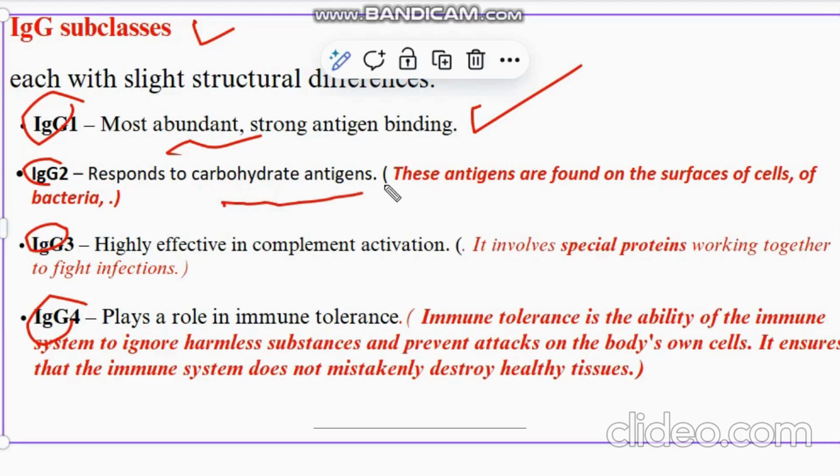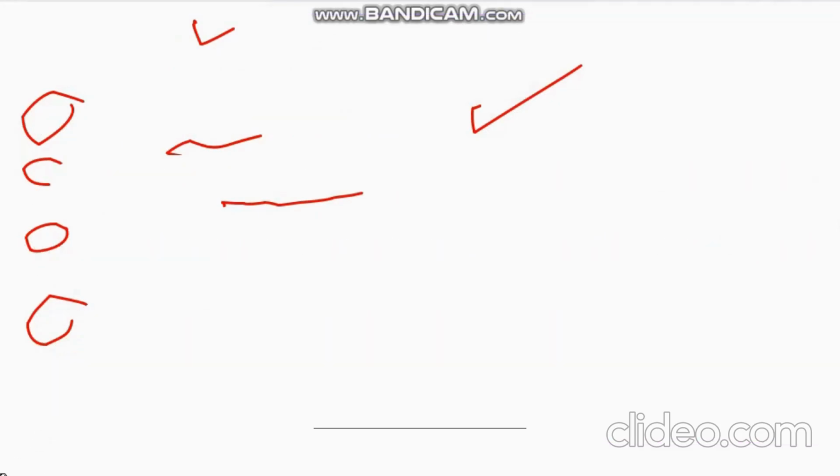These are the antigens which are found on the surface of the bacteria. For example, here is the bacteria, and we can see on the surface they are present.